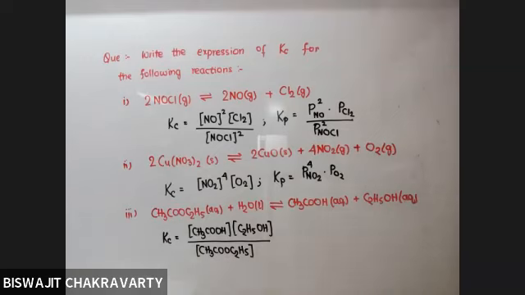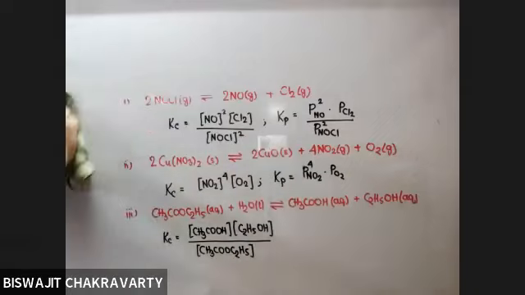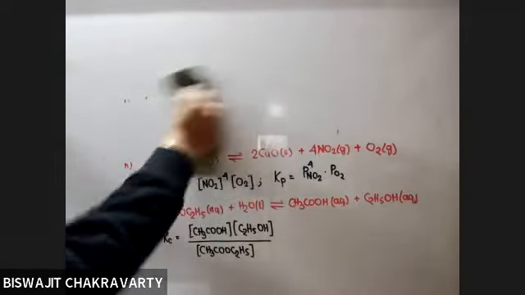The next thing that we are going to discuss, which is sometimes asked in entrance exams and other different types of exams: what are the units of equilibrium constant? Equilibrium constant is something whose unit varies from reaction to reaction.